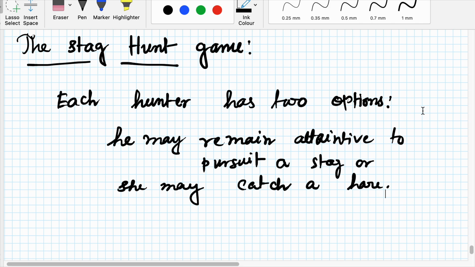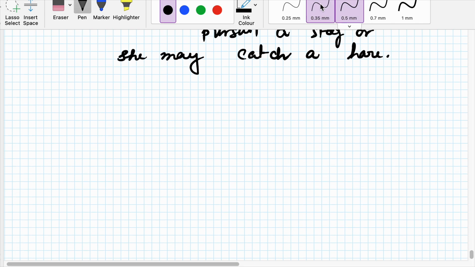And since the greater amount of meat is present in a stag, it is always preferable to catch a stag than to catch a hare.